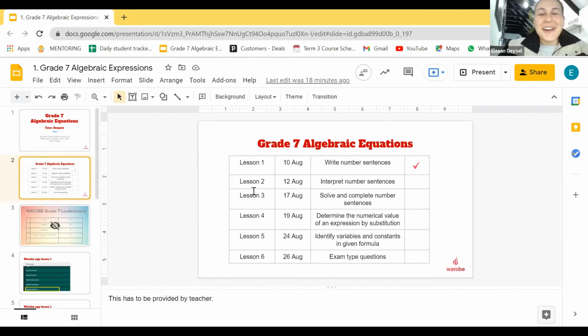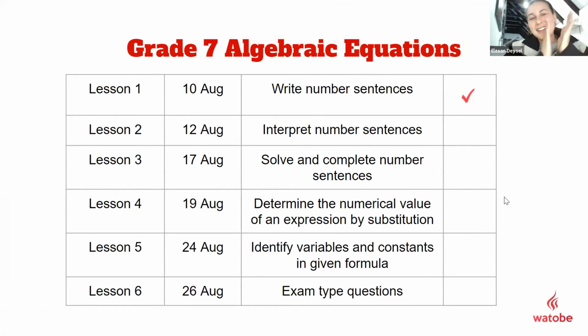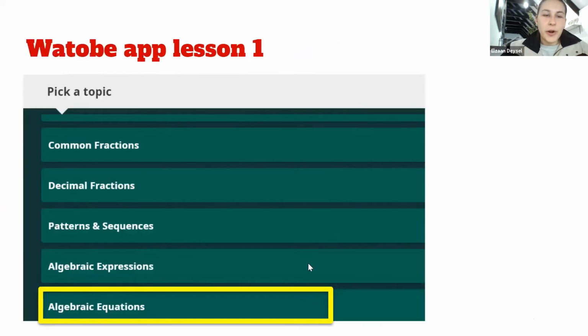Okay, awesome. So here you guys can see that you have done lesson 1, writing number sentences. Well done for that. You all can give yourselves a hand clap. And then lesson 2, which is this Thursday, is going to be on interpreting number sentences. Before we do that, your homework is in the Watobi app.